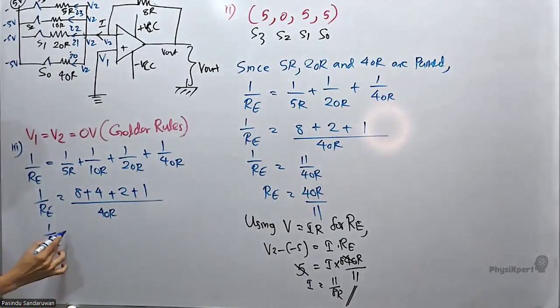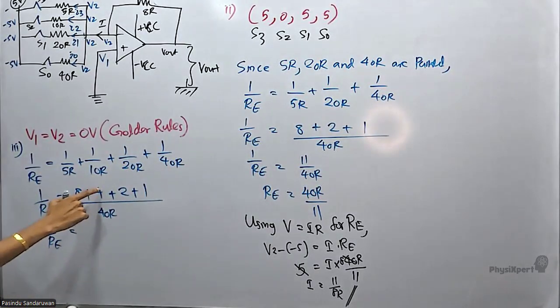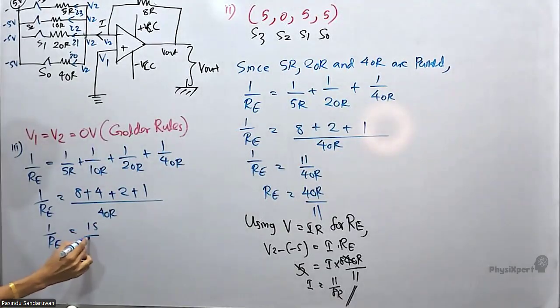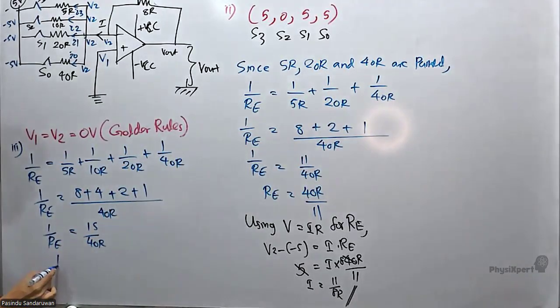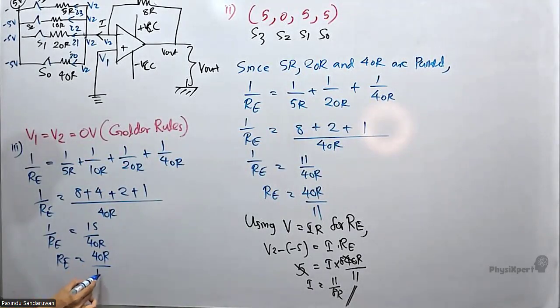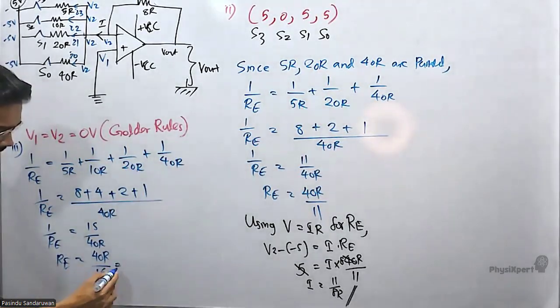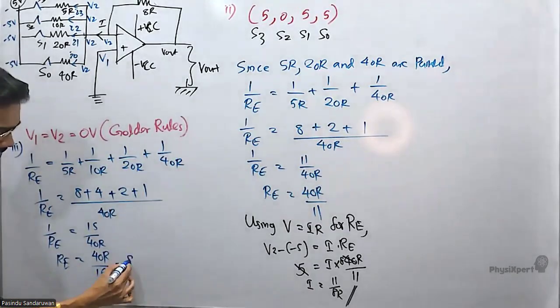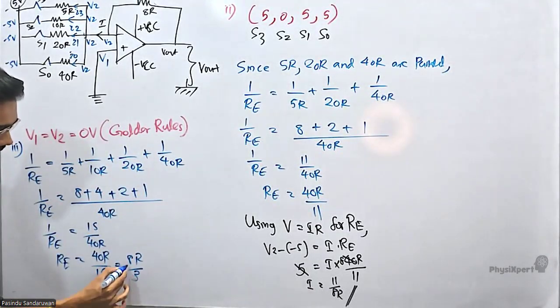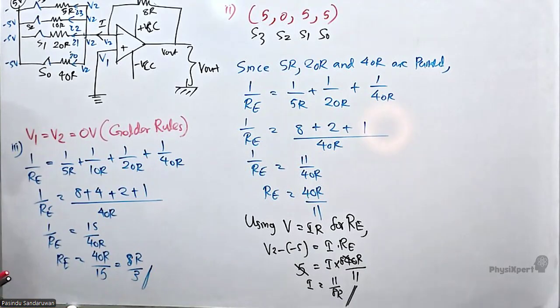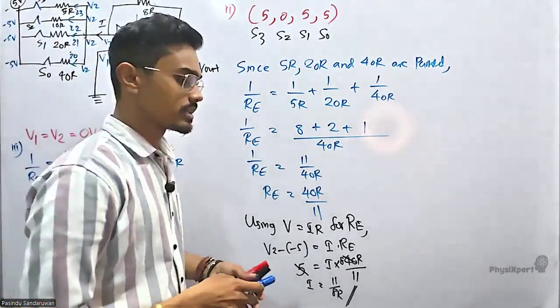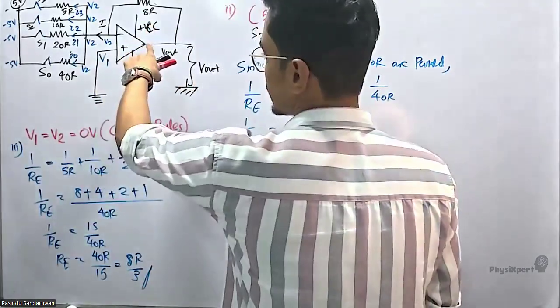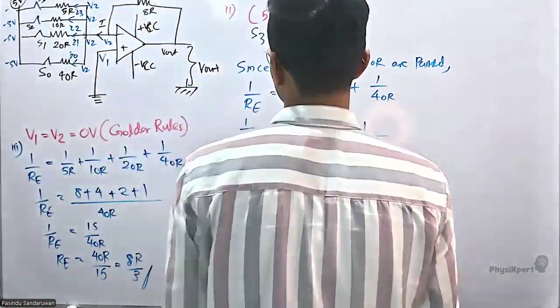So 8 plus 4 is 12, 14, 15. 15 over 40R, right? So RE equals 40R over 15. By 3 we can cancel this, by 5 we can cancel this. 5 times 8, 8R over 3. Now if RE is known, to get V out, apply V equals IR for 8R over 3.